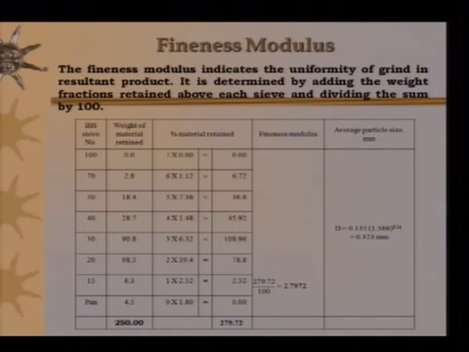Now in order to do the grinding or determine the energy requirement, there is one term called fineness modulus which comes into play. Fineness modulus indicates the uniformity of grind in the resultant product. It is determined by adding the weight fractions retained above each sieve and dividing the sum by 100. Why is fineness modulus important?